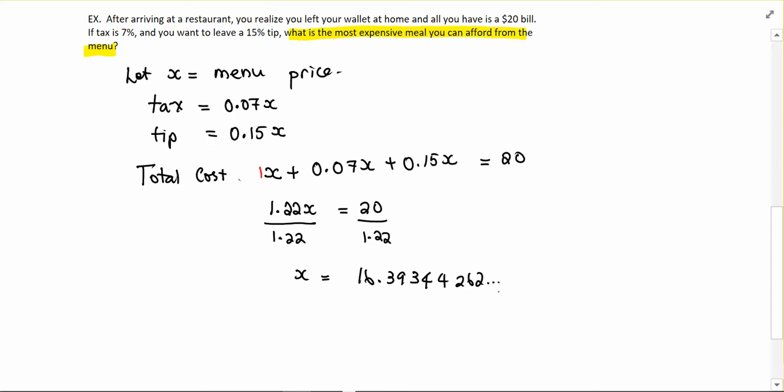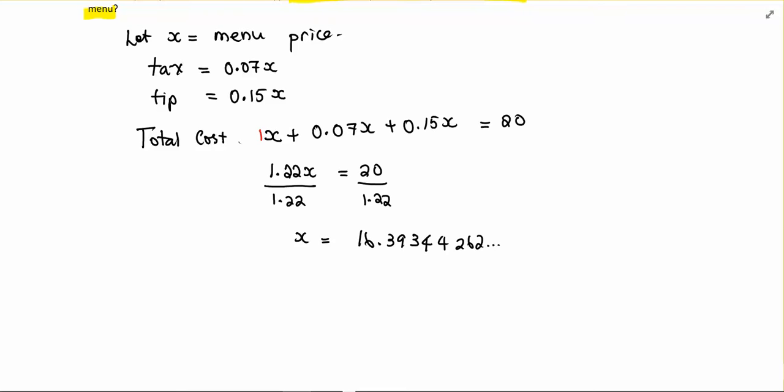Right? Now you've got to be a little careful on this one. You do not want to round up, because if you round up, you're going to be out of money. You're going to be taking a penny from that little penny till that's sitting in front of the cashier. So you don't want to do that. So you always want to round down. So this one here, you could go all the way to 39 cents, but you don't want to go to 40 cents, right?